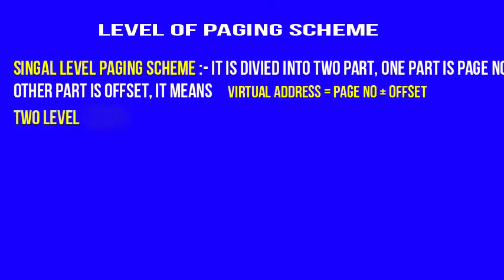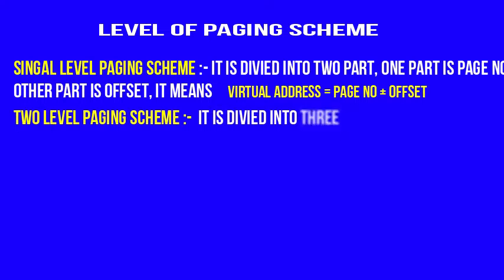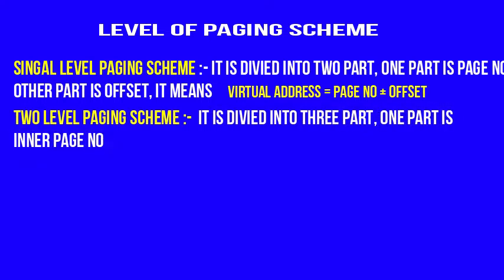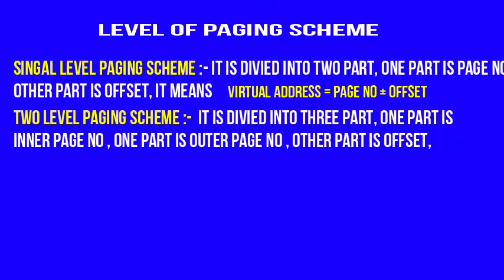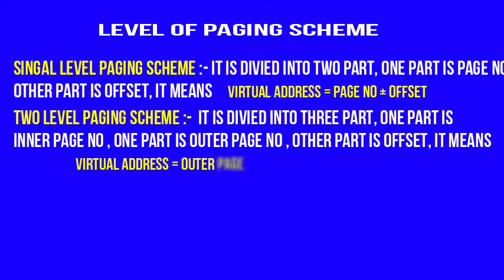Second level paging scheme, or two level paging scheme, is divided into three parts: one part is outer page number, one part is inner page number, and the other part is offset. It means virtual address equals outer page number plus inner page number plus offset.